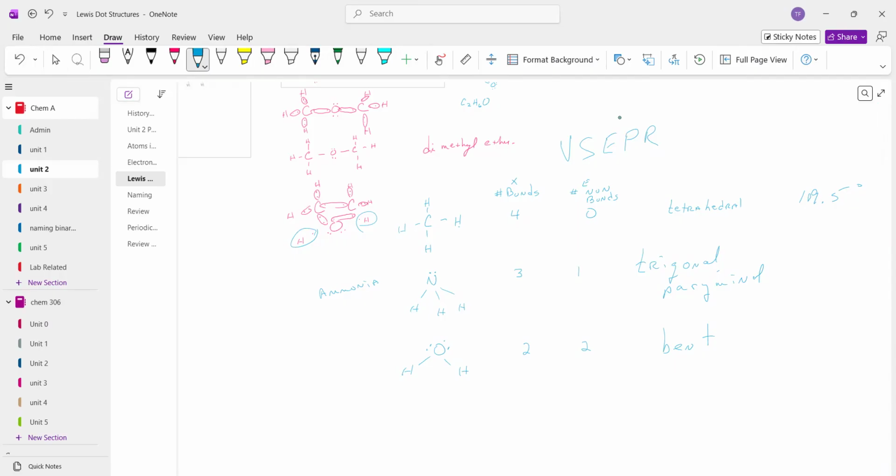You don't need to know that, just know it's VSEPR. The last one's bent, B-E-N-T. Now, this hinges on the Lewis dot structure. That's why you have to do that first.